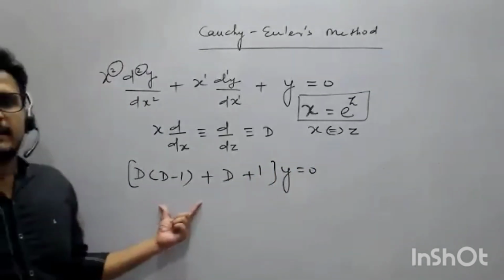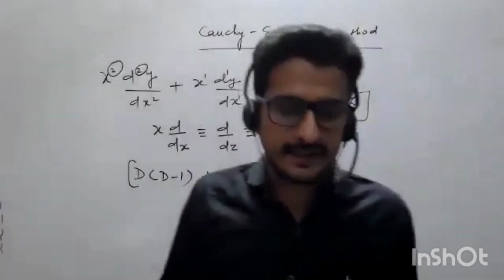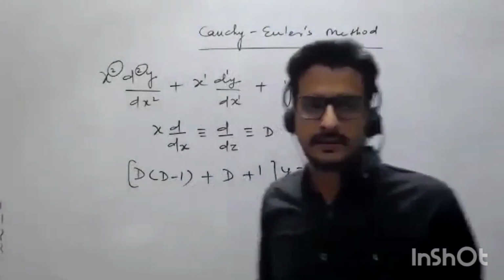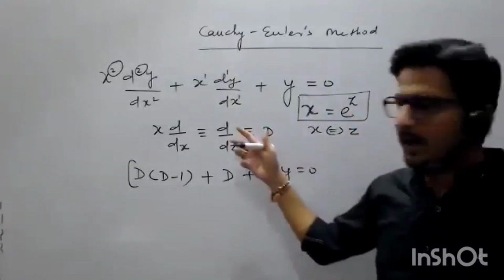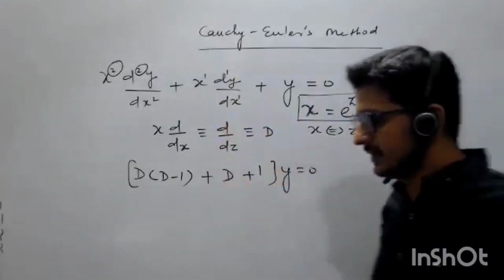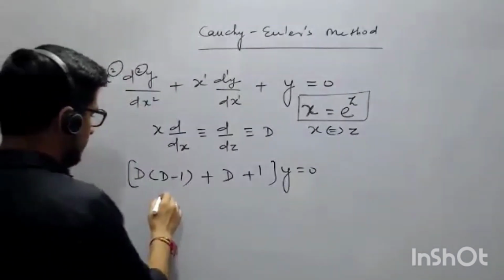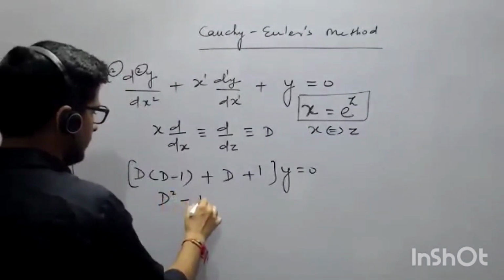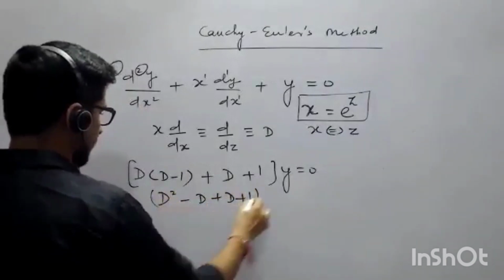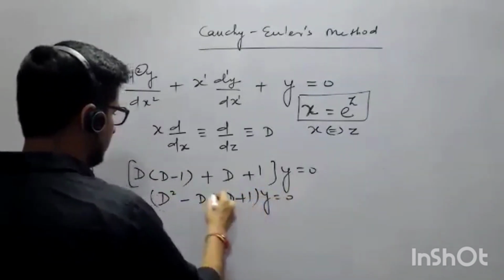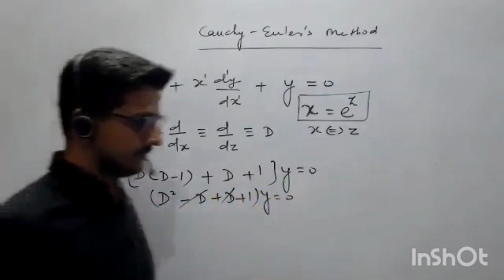Now this has become our well-known form of equation that we can easily solve. So by this substitution, our equation is transformed into a very simple equation that is given by D squared minus D plus 1 into y is equal to 0, and this we can solve because this is our well-known equation.